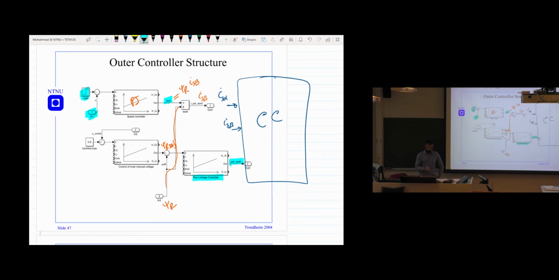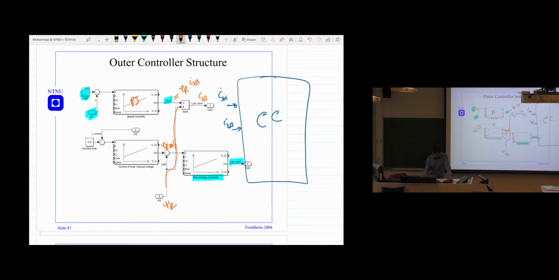And why do we have this flux controller? This is a squirrel cage machine, and it doesn't have any magnet or anything in the rotor. So therefore, we need to provide current to magnetize the machine first.